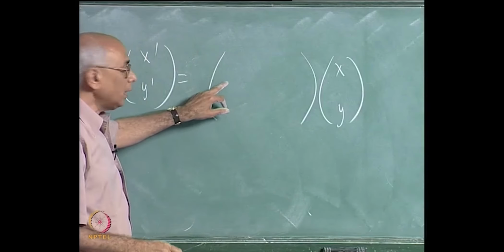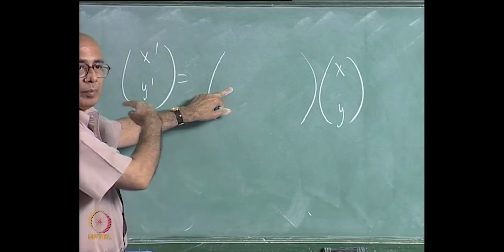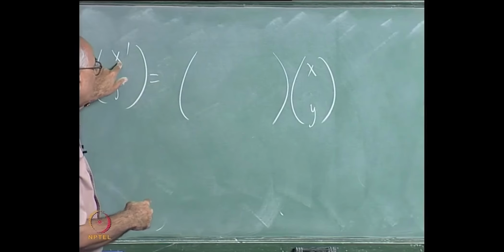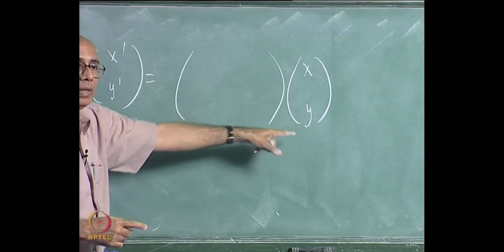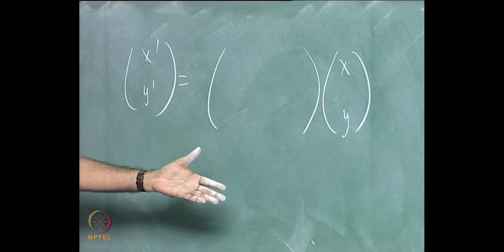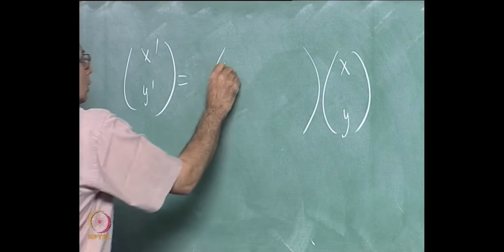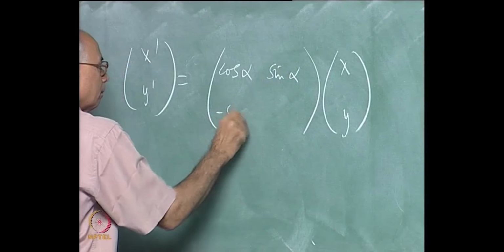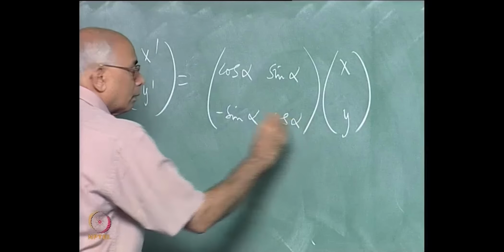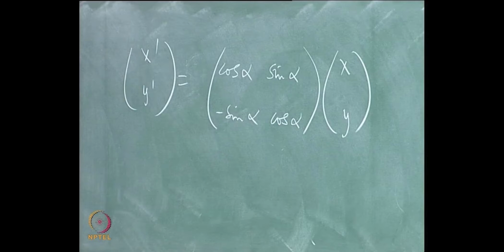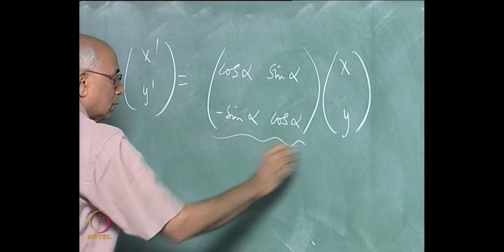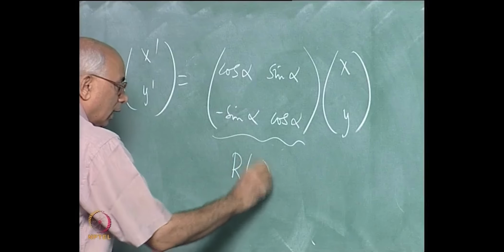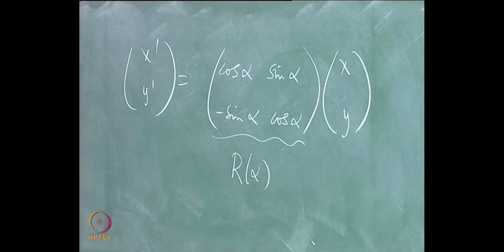This matrix depends on the parameter alpha, and it tells me x prime is a certain linear combination of x and y, and y prime is a certain linear combination of x and y. Let us call this matrix which represents rotation by an angle alpha R of alpha.